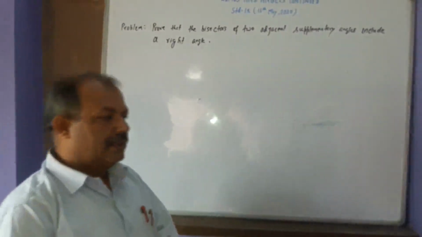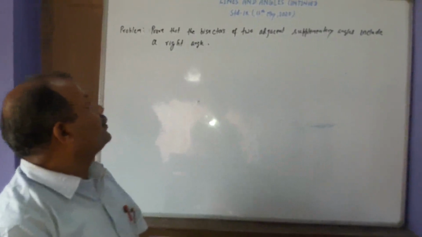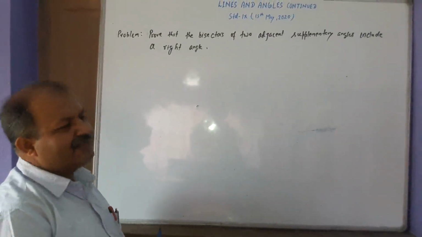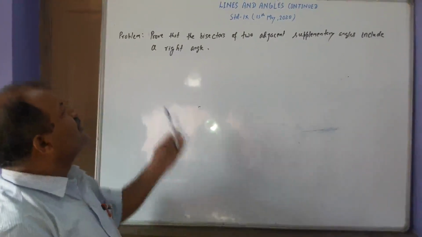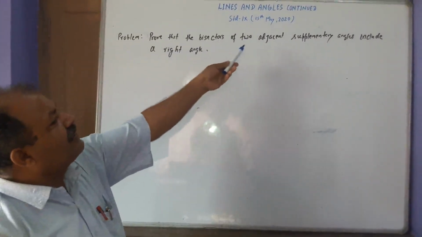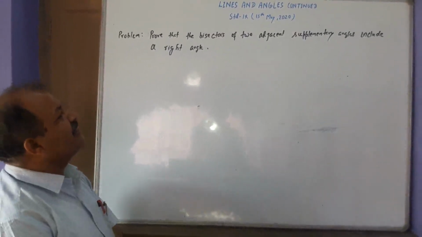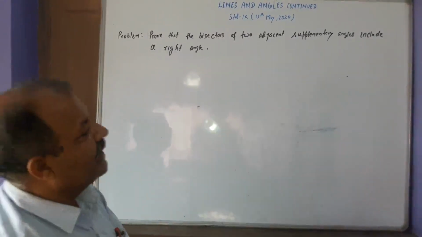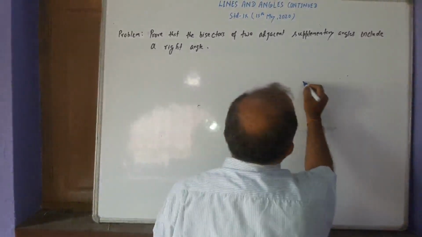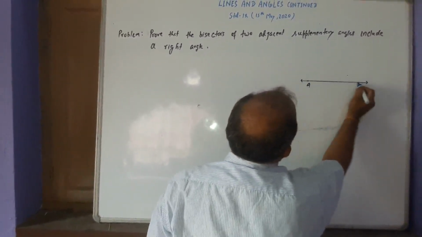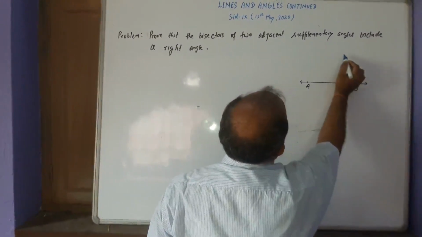Okay. Now we have to solve another problem which is just like a theorem also. Prove that the bisectors of two adjacent supplementary angles include a right angle. See here, this one is a line AB.